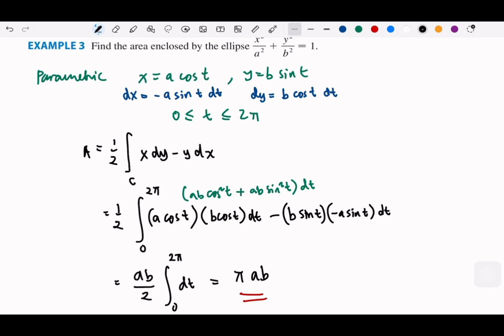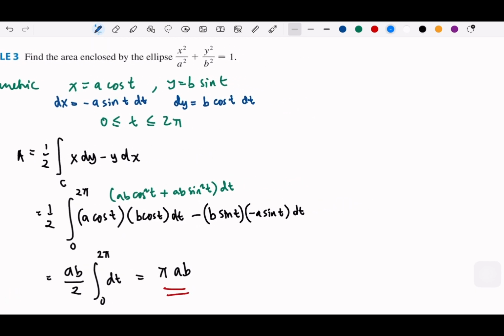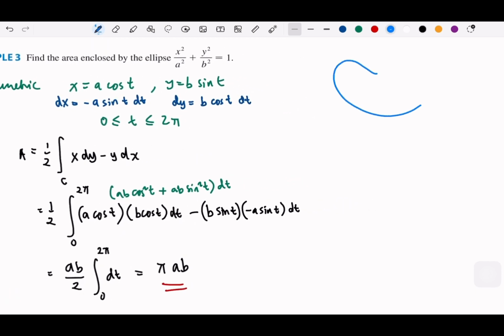Another perspective is that we can extend Green's theorem. For example, if we have a curve like this, we can split the region into two. Suppose the whole region is D, but we can split it into D1 and D2.